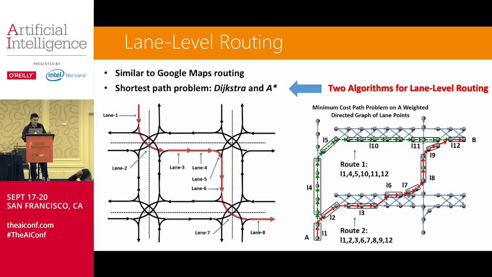Then when we do routing, we ask which lane should connect to which lane, and then you can derive the shortest path from point A to point B. That's basically how it works. If you look at the red part here, you have lane 1 connected to lane 2, lane 3, and so on. That's your routing output. You give this lane output to the next module, which is behavioral decisions.